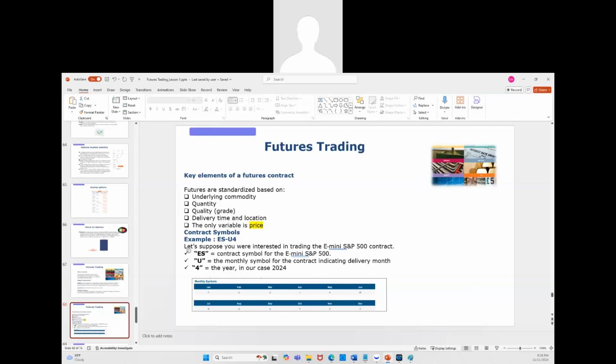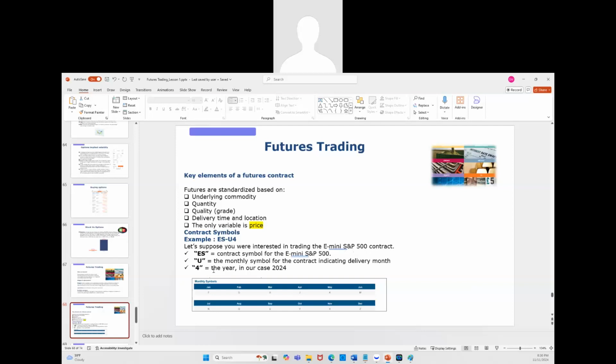the ESU4, let's say you're trading the E-mini S&P 500 contract, which is SPY. You know what SPY is, right? No. So SPY is the S&P 500 index. It's a group of the top companies that are traded in the S&P 500.